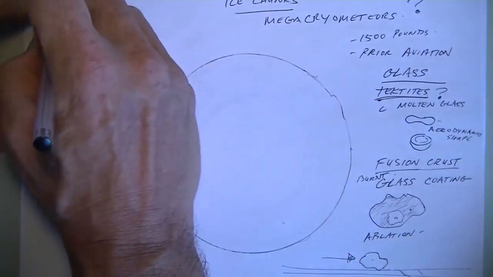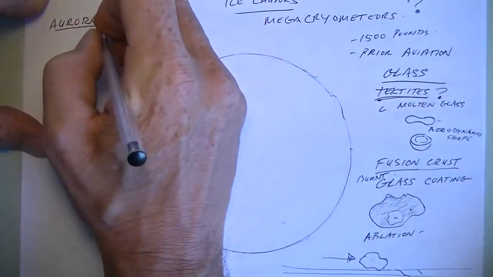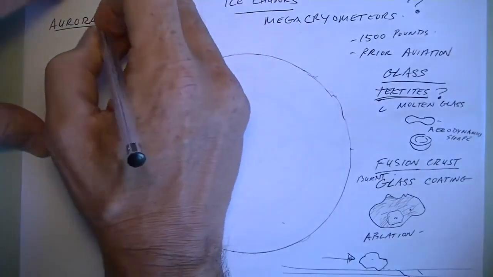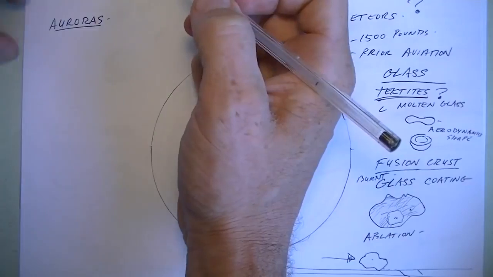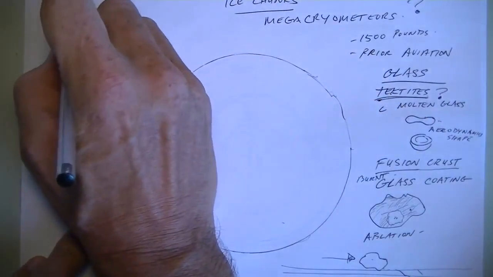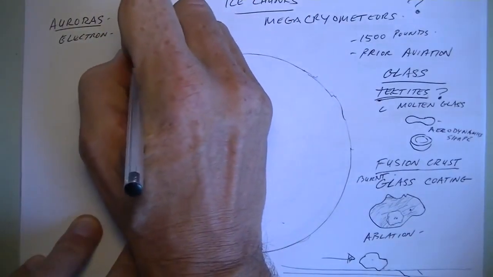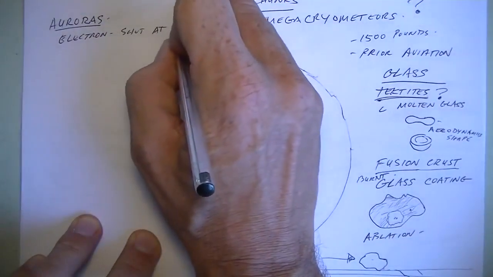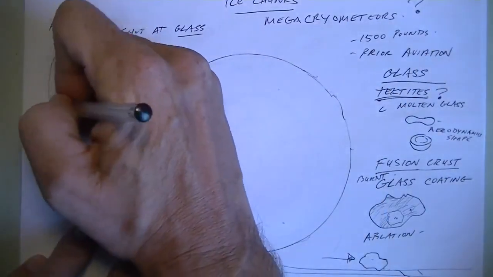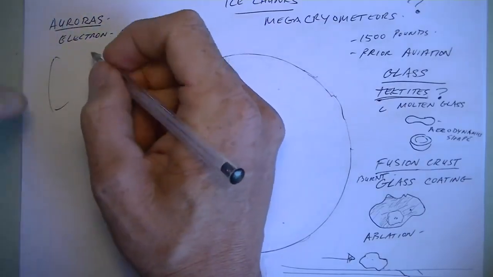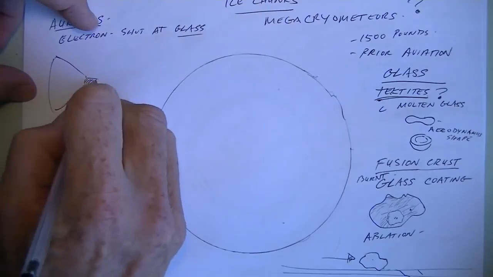Move on over here, another piece of evidence that there's glass in the sky. Auroras borealis, okay, or auroras australis, however you say that. Auroras are a direct result of electrons being shot at glass, at an obstacle. Scientists will compare the auroras to an old CRT TV tube, basically, with the electron gun in the back here, okay?